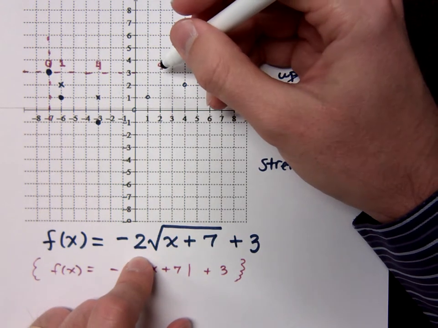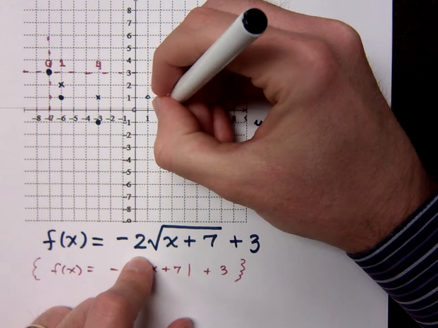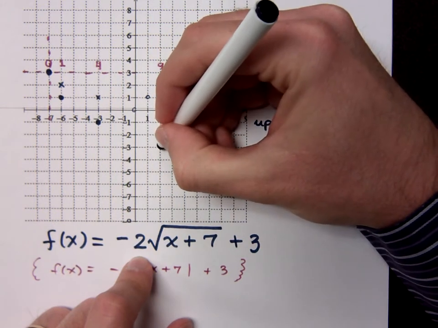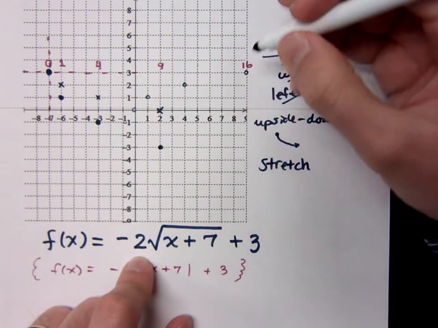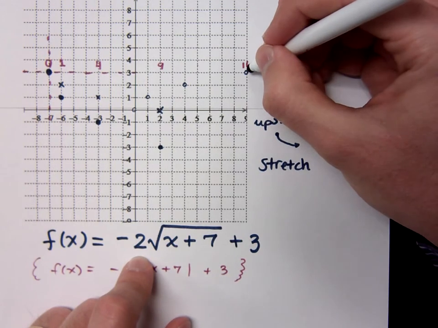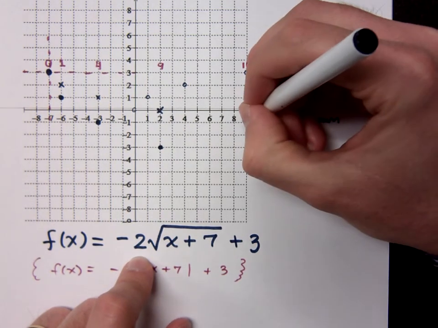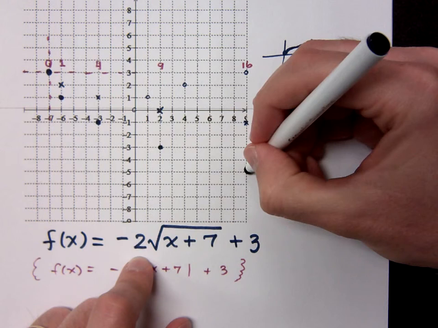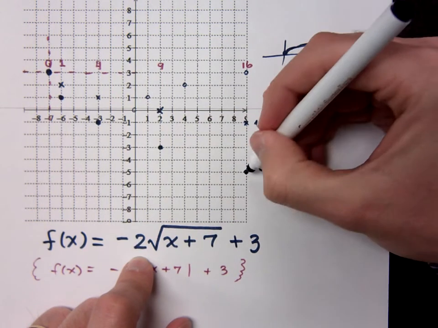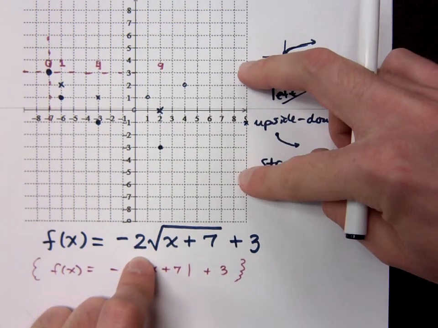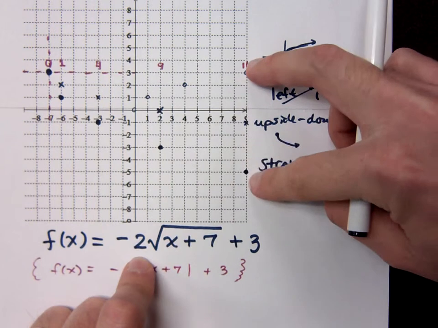The square root of 9 is 3, but you have to move down 6 total units. What's the square root of 16? Square root of 16 is 4, but I need to move down 8 total units because I'm doubling this guy, right? See that? I'm doubling that.